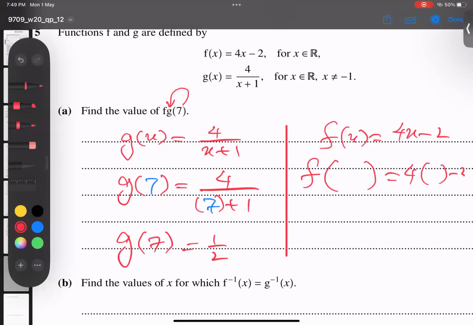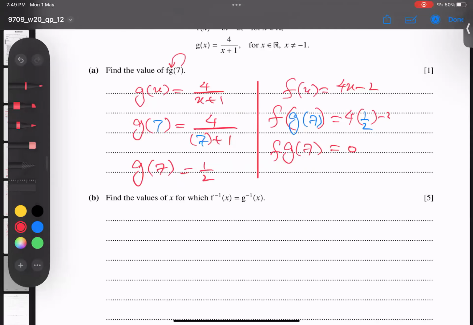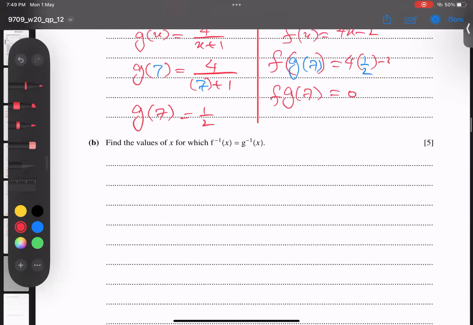For your knowledge, this g of 7 will go here and the half will go here. So in short, I can tell you here f of g of 7, and here I got 2, 2 minus 2 becomes 0. Alhamdulillah, I hope you got the idea very clearly.